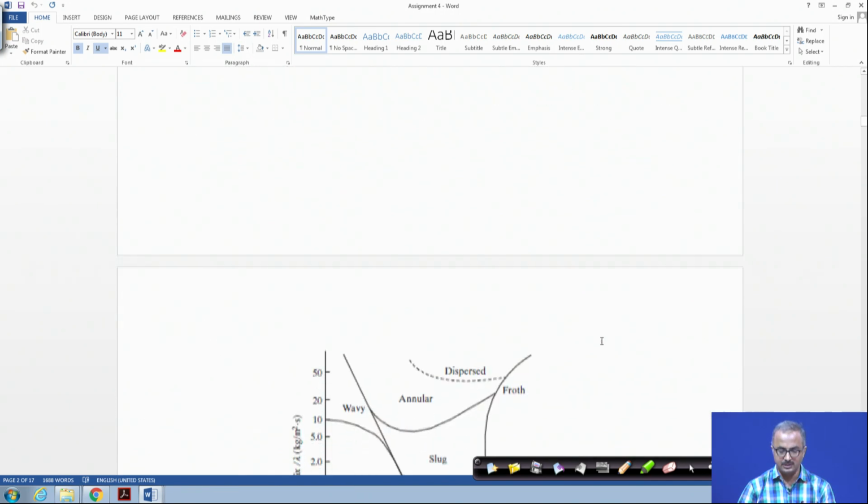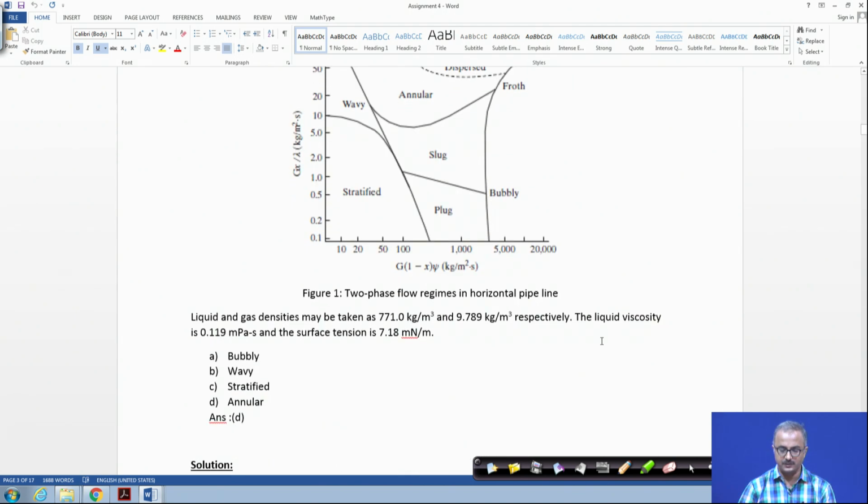Again the next problem is for two-phase flow, and here we have been asked to find out in which flow regime we are. This is important because whenever you are transferring liquefied natural gas into a pipeline, the pipeline is at a very high temperature. Initially the liquid natural gas will first evaporate, and when it evaporates it will form two phases.